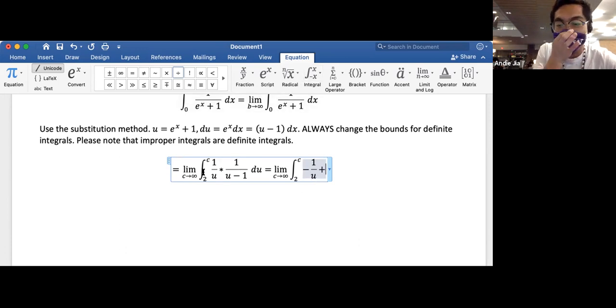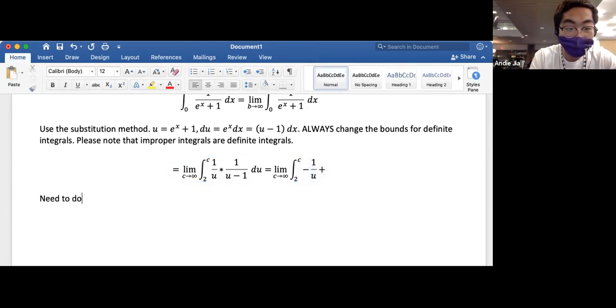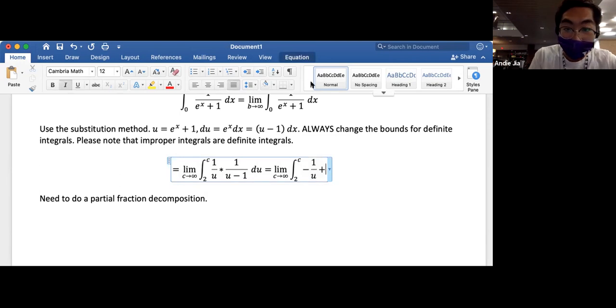Here we need a partial fraction decomposition. By partial fraction, we obtain negative 1 over u plus 1 over u minus 1. I'm not going to write out the partial fraction here, I just did it on my own. Do you still want me to write out the partial fraction decomposition, or just skip it?